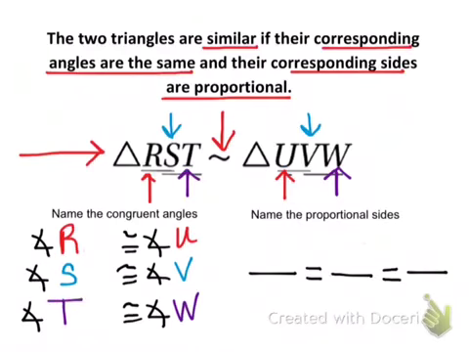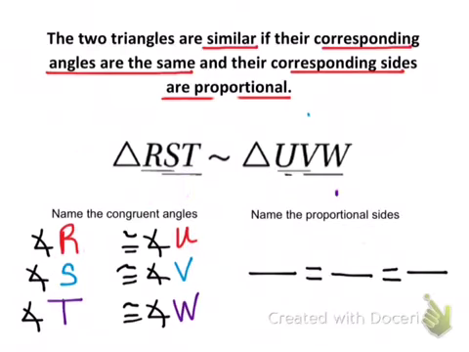Then I want to talk about my proportional sides. So if I look at my proportional sides, remember sides are labeled with 2 letters. So I've got to get the first 2 letters. So I'm going to start with RS, and it's going to match up with UV. So I put my pre-image, RS, in my numerator. UV is in my image, so I put it in my denominator. Then let's go to the next 2 letters. I could say that ST is going to be corresponding to VW.